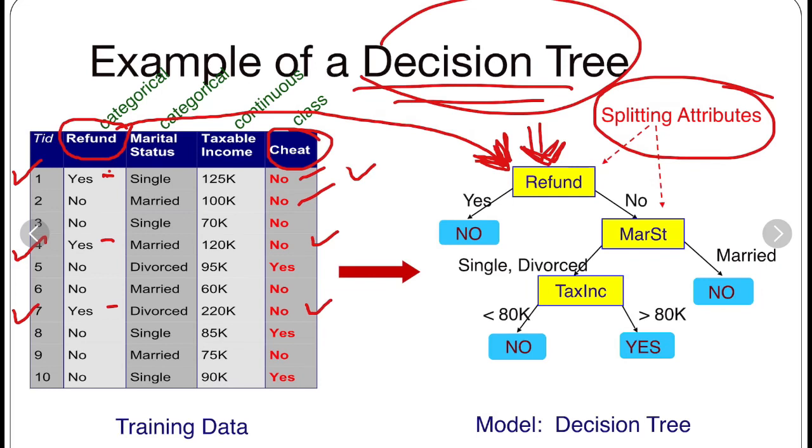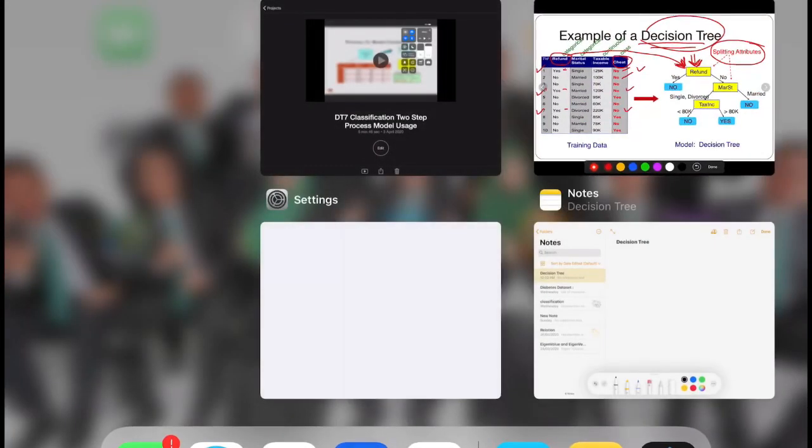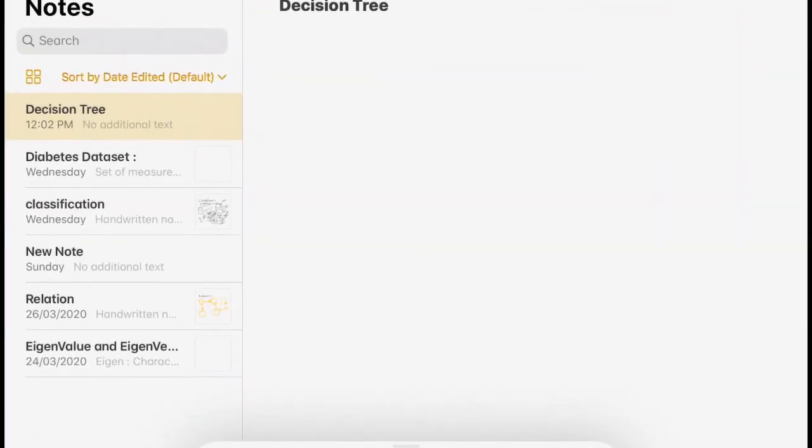Let us try drawing the tree. So we start with the root. The root would be refund.